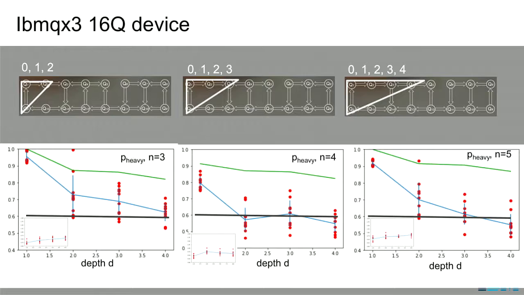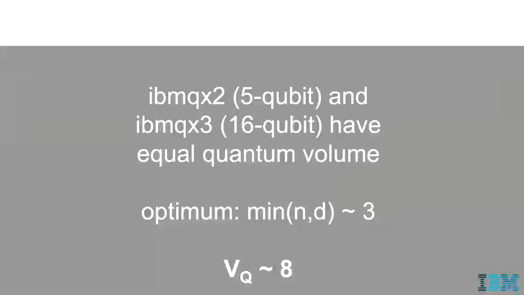So for the IBM 5-qubit and 16-qubit devices, even though we have more qubits on the 16-qubit device, we have equal quantum volume, which now we have as 8. So here, when we went from 5 qubits to 16 qubits, we didn't really improve too much in terms of the gate errors. This is shown by this quantum volume metric.